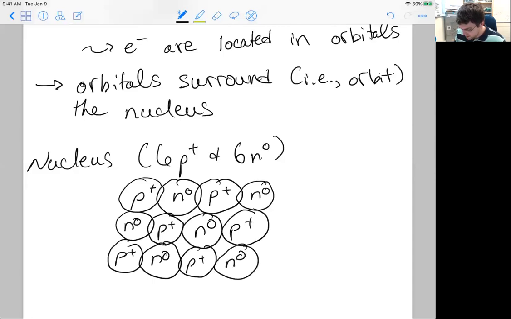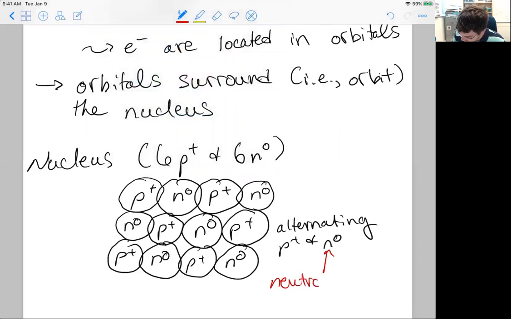And there's something I want to illustrate here. We often have, you could think about it as, alternating protons and neutrons. And the reason we do that is because the neutrons stabilize protons held in close proximity.